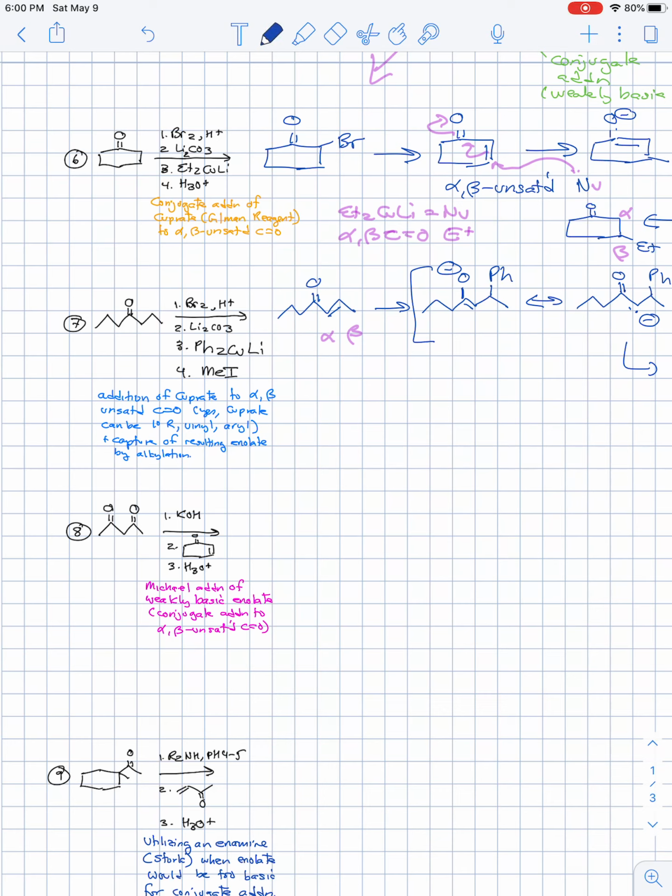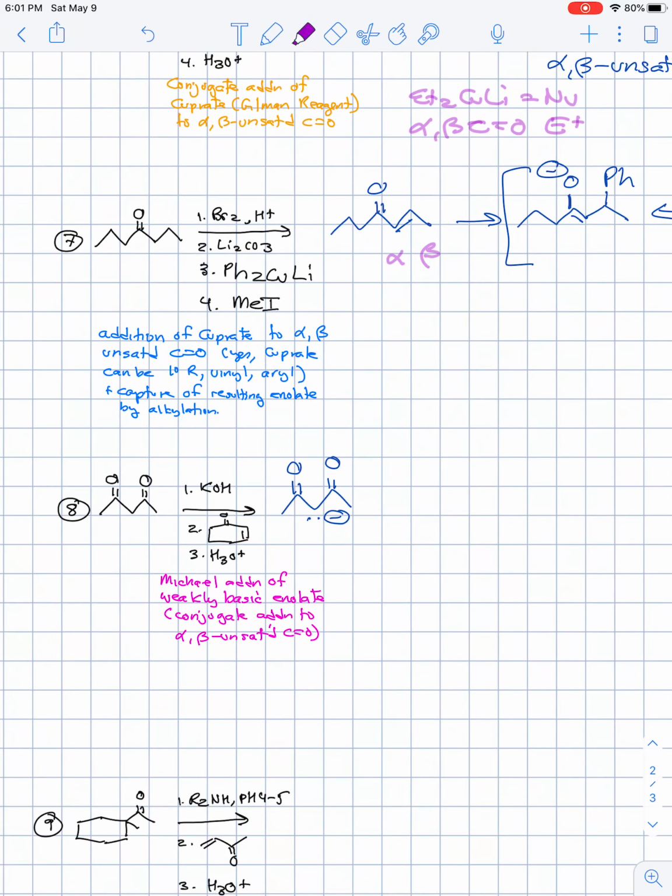So the first step here is we're going to make the enolate of our diketone. And again, we've got the two carbonyl groups, 1,3 relative to each other. So this alpha position is alpha to both carbonyls, so we can make that with KOH.